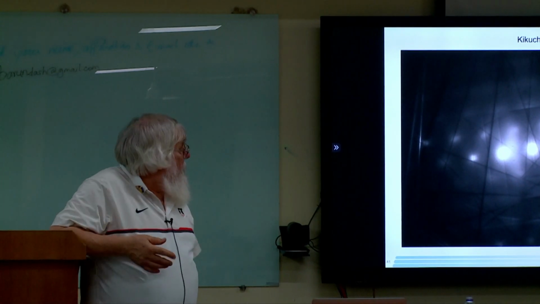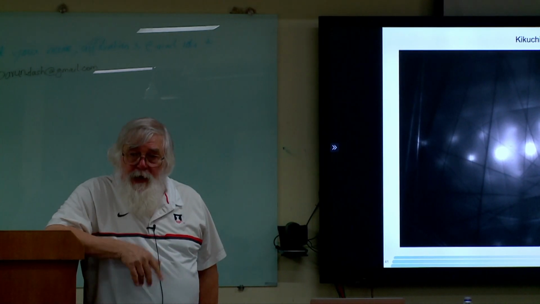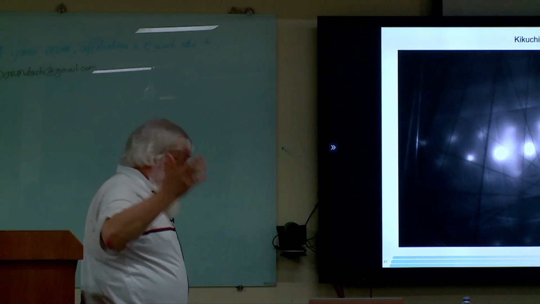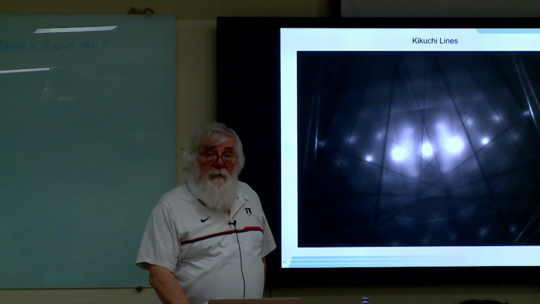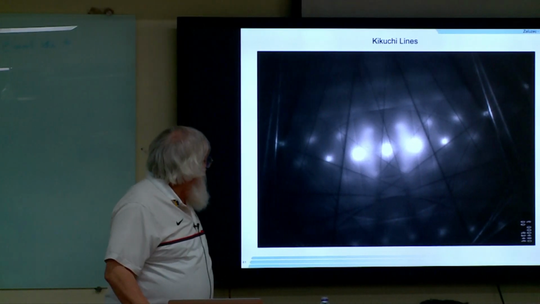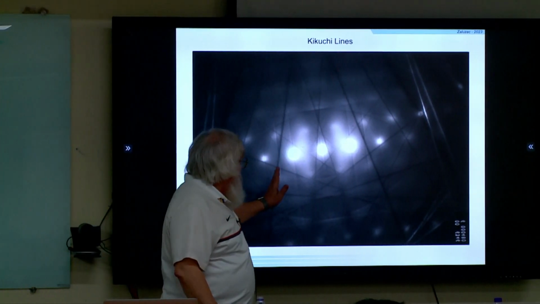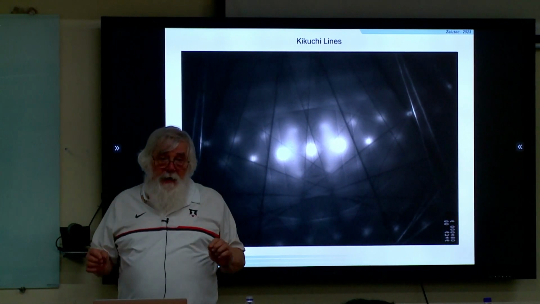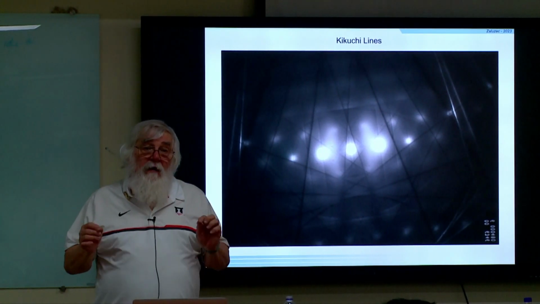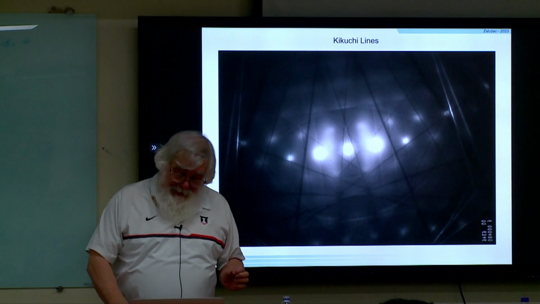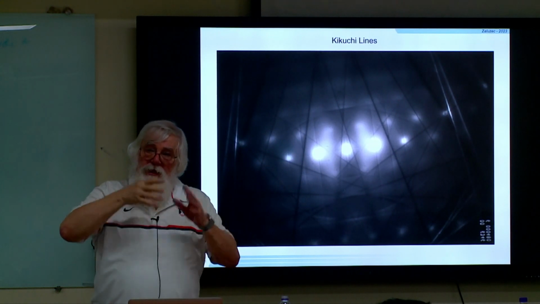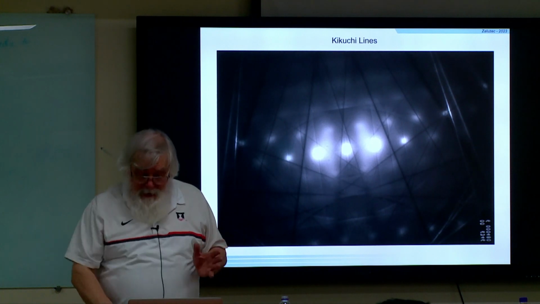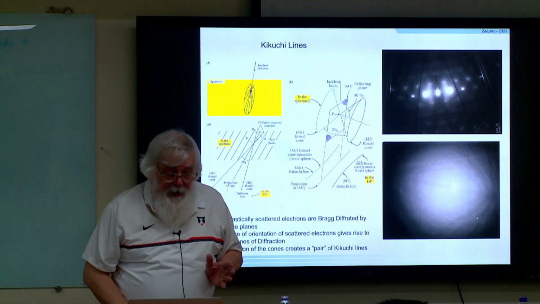These dark and bright lines are called Kikuchi lines, after Kikuchi, the guy who first discovered them and described what they were. Okay? And these lines are elastic diffraction of inelastically scattered electrons. So what's happened is an electron comes in, it's lost energy, it's become inelastic, and then it Bragg diffracts.